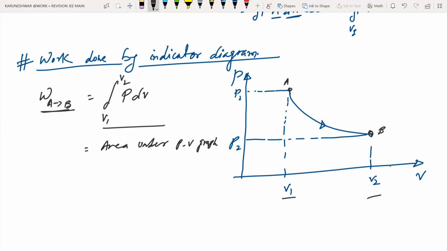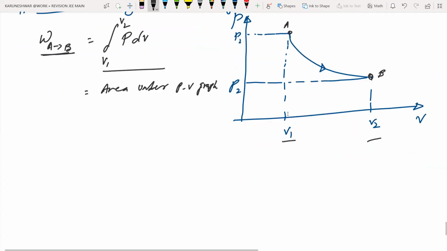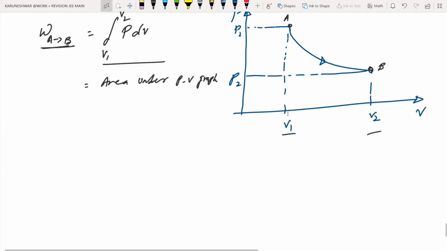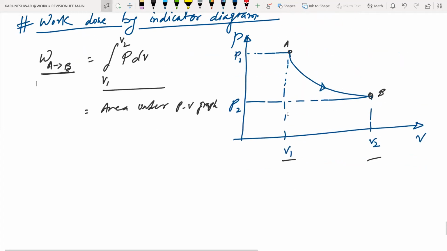If it is any kind of process and the pressure-volume graph is given to you, you find the area under that curve and you will get the work done. So what will be the area under this curve? These are the parts for which you can find the area, around the curve I am considering, with the pressure and volume axes.